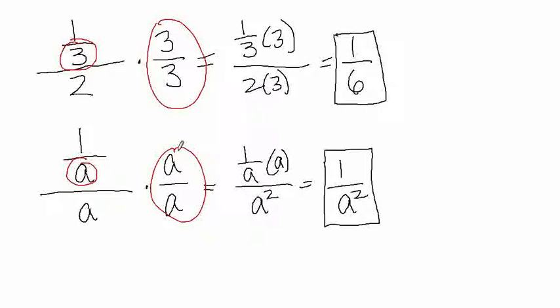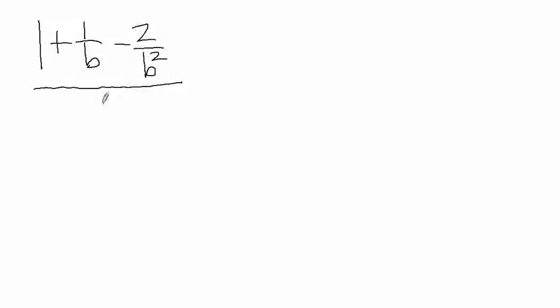Let's see a slightly more complicated example now. And think about the explanation I just gave for how to find the fraction to multiply the complex rational expression by. How about 1 plus 1/b minus 2/b squared all over 1 minus 1/b.